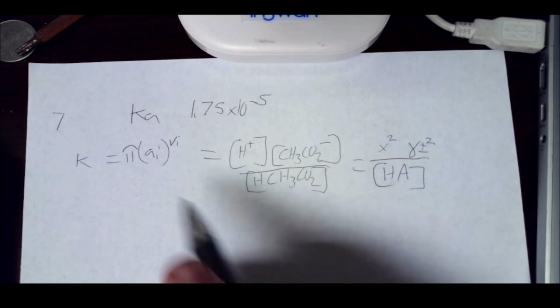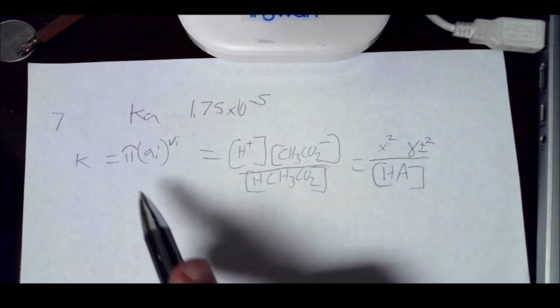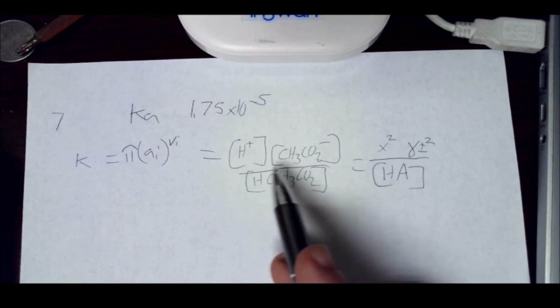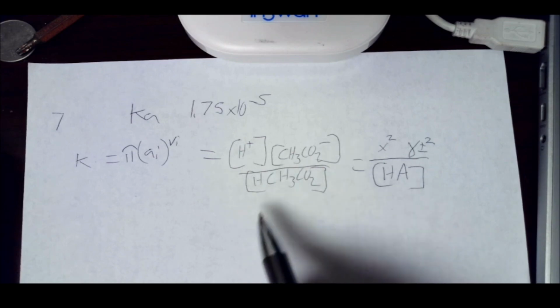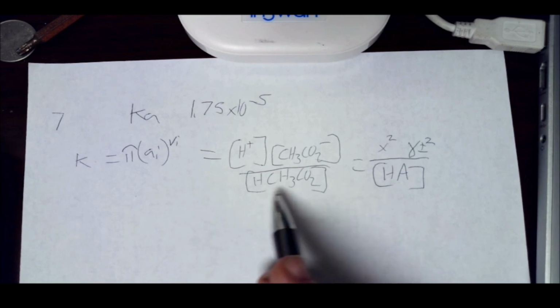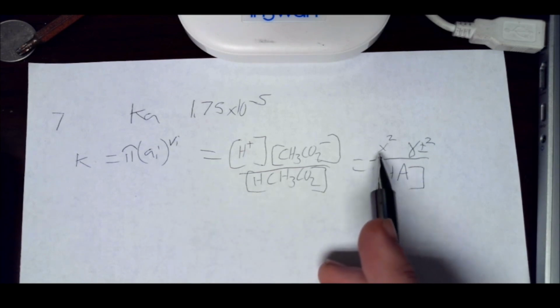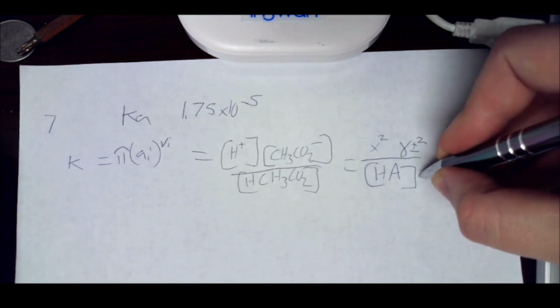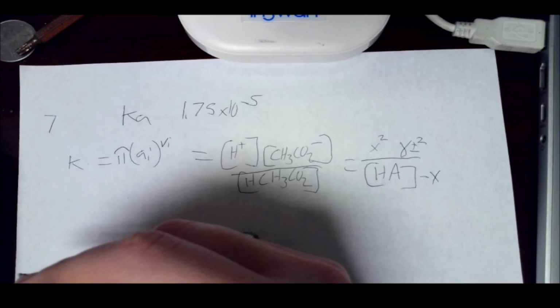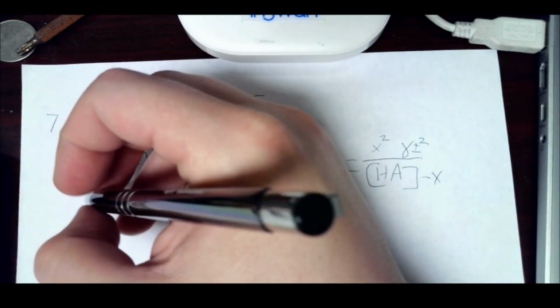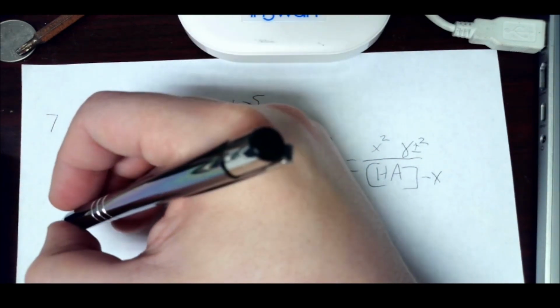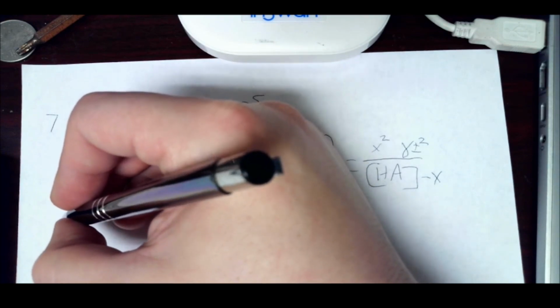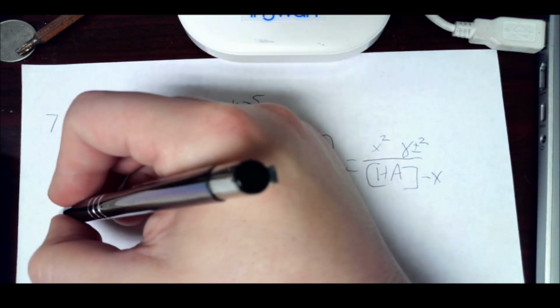Of course, you have to remember a Ka is the products over reactants raised to the power of their coefficients, which here would be x squared times the activity coefficient squared over the initial concentration minus x. You can get really close without the quadratic, but to be the most exact, you should do the quadratic.